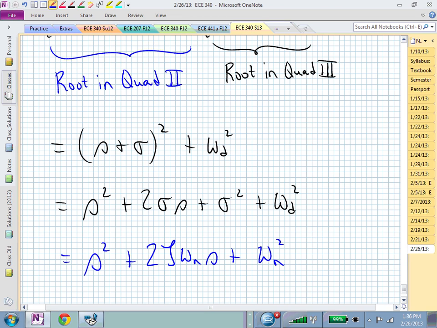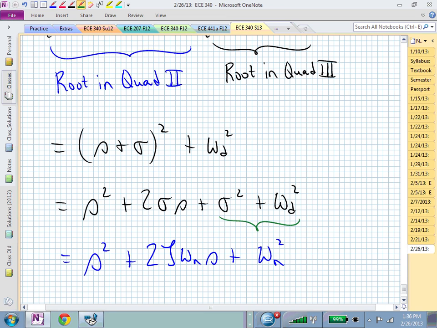The natural frequency omega sub n is just the hypotenuse of a right triangle with one side equal to sigma, the other side equal to omega sub d. So you have a squared plus b squared is c squared. That's your natural frequency. That's the distance you are away from the origin.